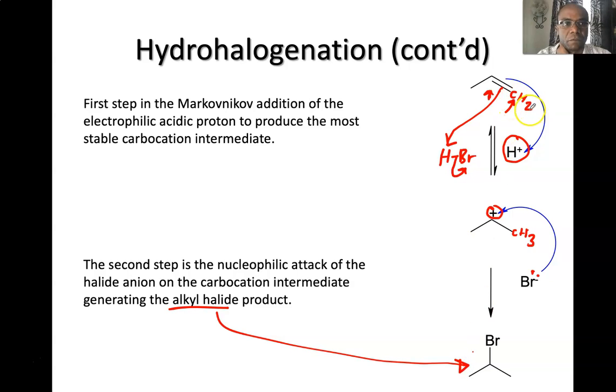So that followed Markovnikov rule because the electropositive part of the reagent was added to the side where you have more hydrogens, creating a more stable secondary carbocation, which is later attacked by the nucleophile, which in this case is going to be the Br minus that fell off, for example, from HBr, to get your product.